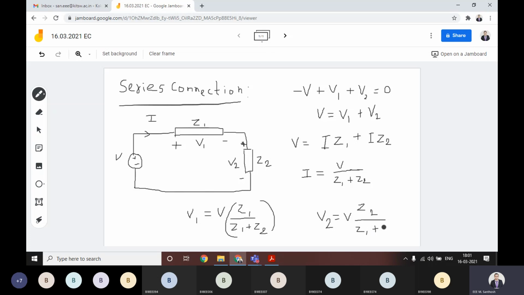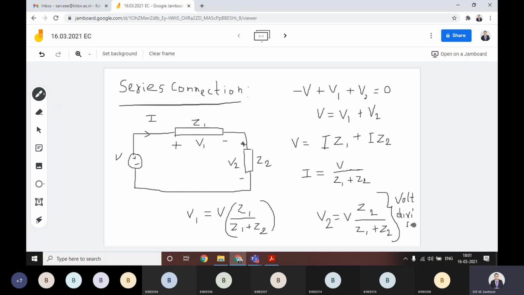This kind of rule is called the voltage division rule. Here voltage V is dividing into two parts, V1 and V2. For that reason, it is called the voltage division rule.